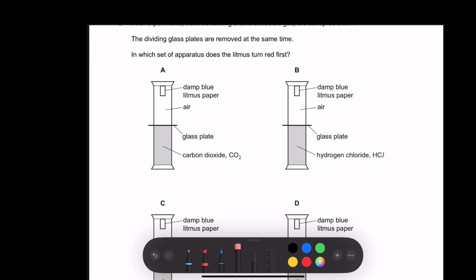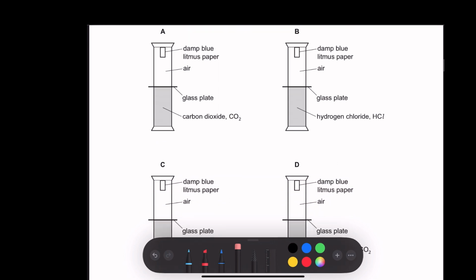So the gas which is going to travel the fastest will turn the litmus paper red first, and the gas which is going to travel the fastest is going to be the one which has the least molecular mass among all these four.